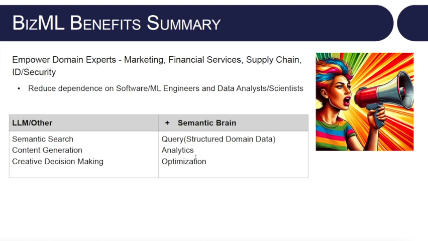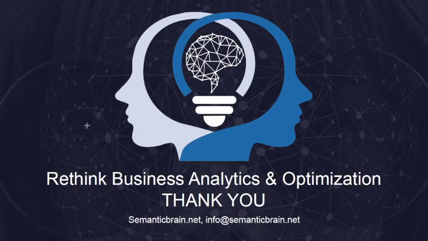It can help you perform analytics much better and much cheaper. And it can also help you with optimization. So really what we're saying is, think of BizML as not just about LLMs and content generation and creative decisioning. It's also about business analytics and optimization.